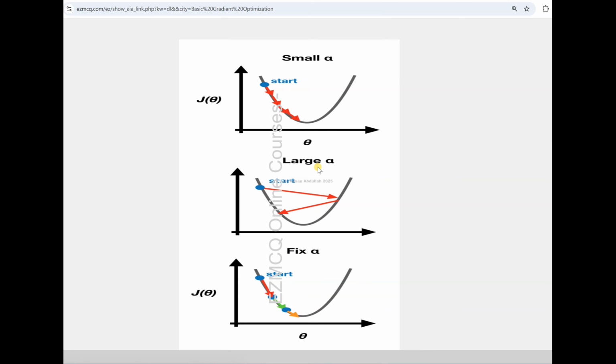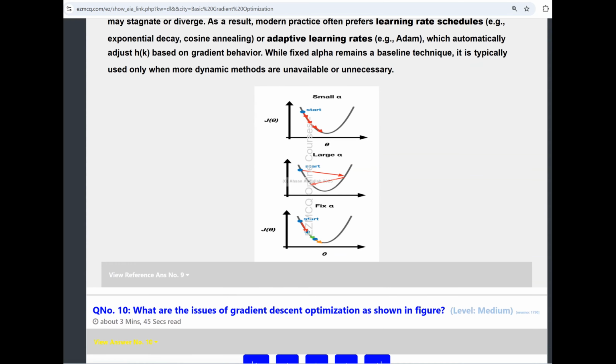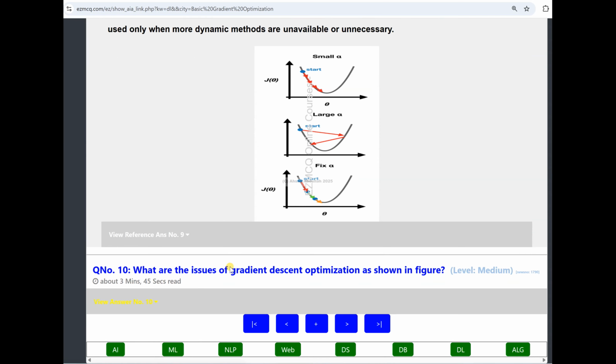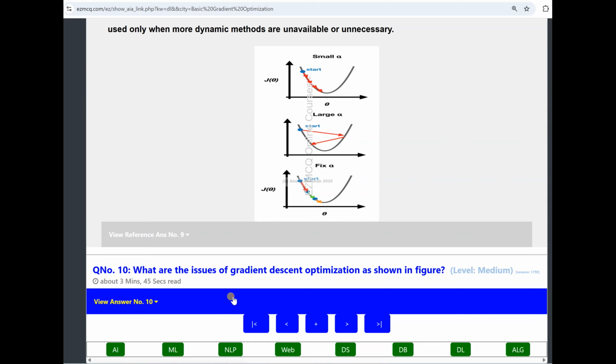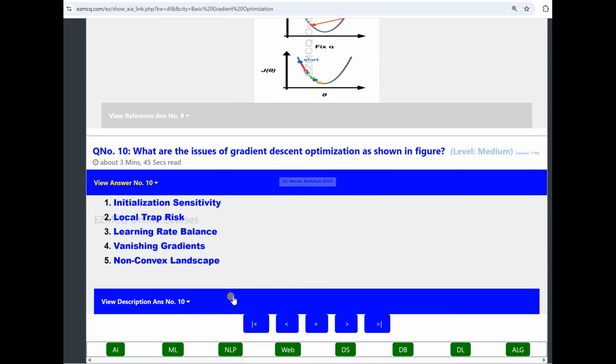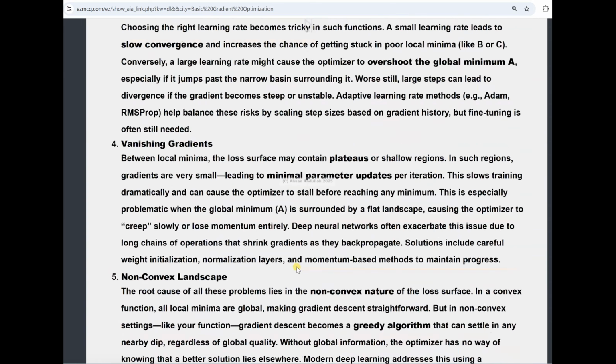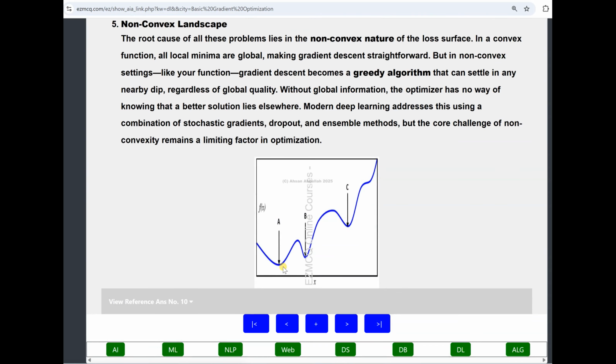Okay, so let's move on to the last Q&A. What are the issues of gradient descent optimization as shown in this figure? Which figure? This figure. If you look carefully over here, we are looking at minimization. We have the global minima A, and then this minima B is a local minima.